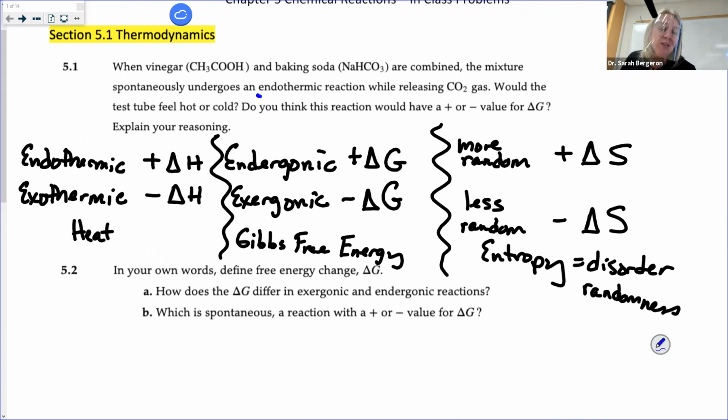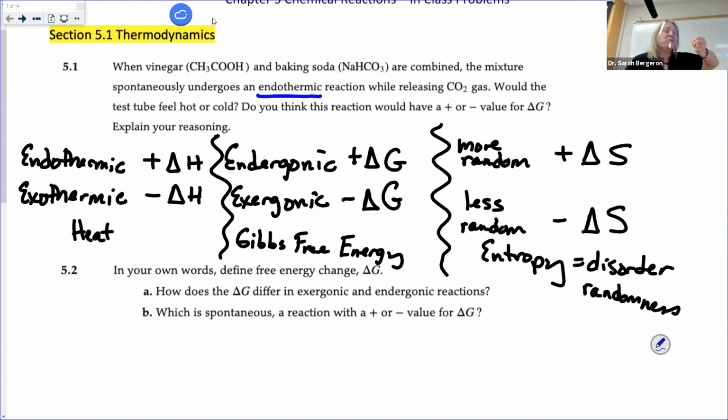It is endothermic. So what is that telling me about what heat is doing if it is endothermic? Heat is entering the system. So is it going to get hotter or colder? If something is hot, it's giving off heat. If something feels cold, it feels cold because it's sucking the heat out of you, right?